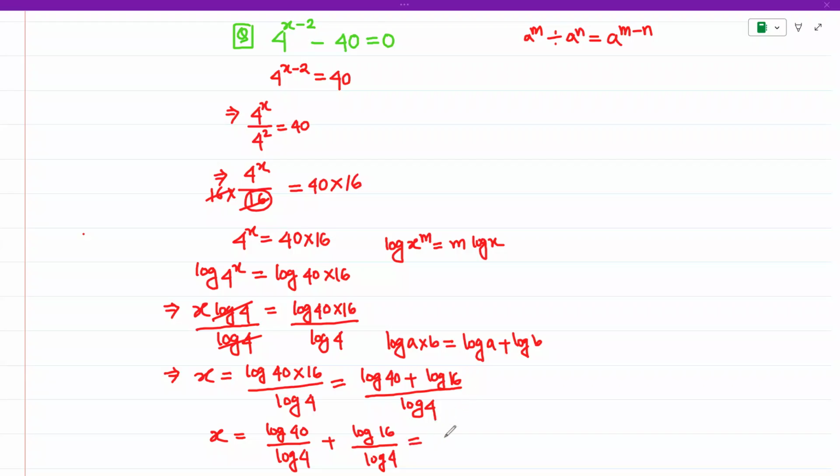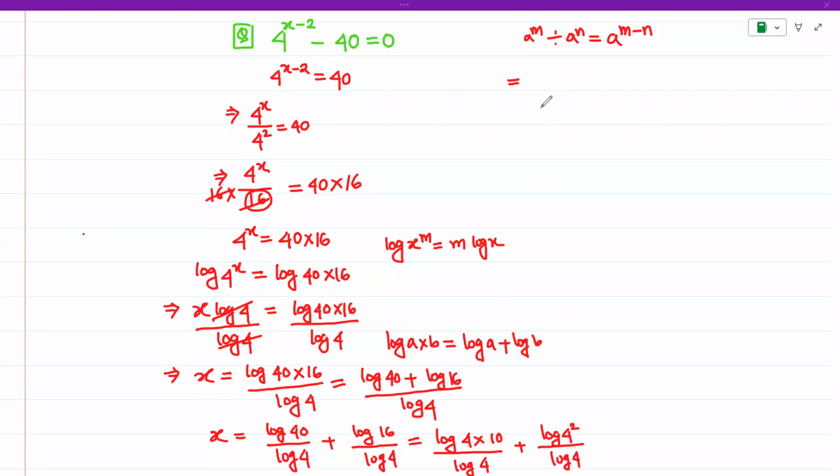Equal, log 40, we can write that log 4 times 10 over log 4, plus log 16, we can write that log 4 power of 2 over log 4. Now we are solving here.